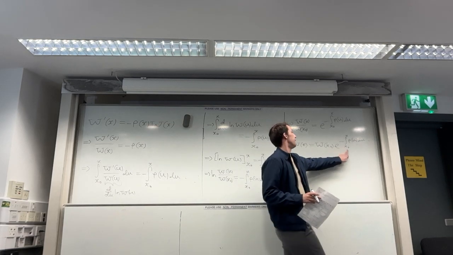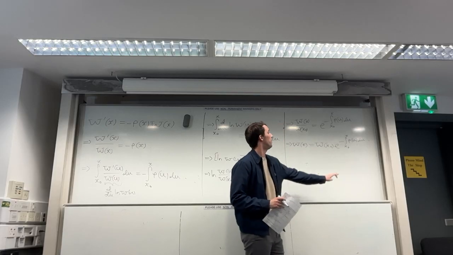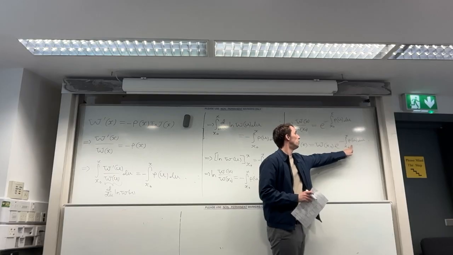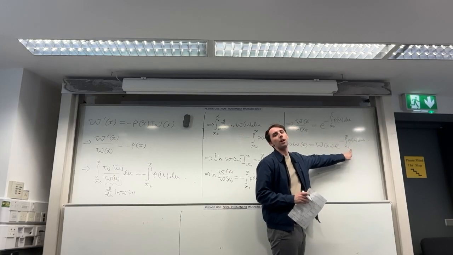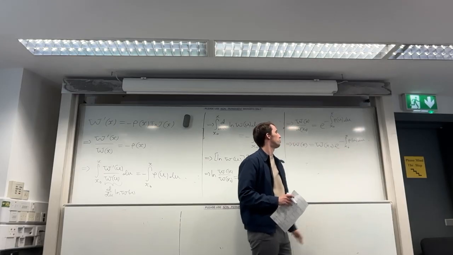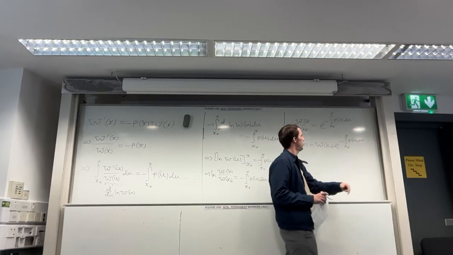Now here, this lower limit x0 is just some constant. If we evaluate this integral, we'll be left with some function of x minus some constant. So you can strip out the contribution of the lower limit and just tack it on as a constant.